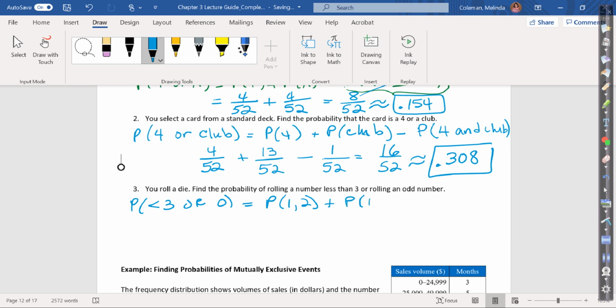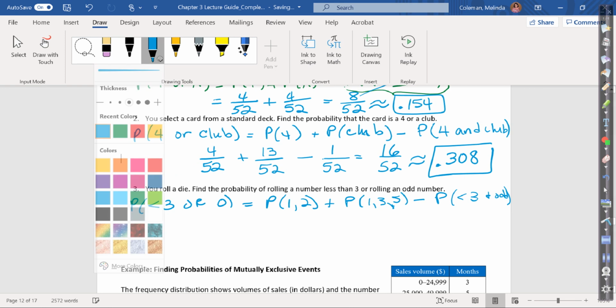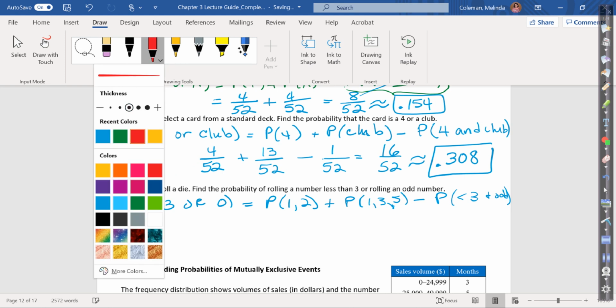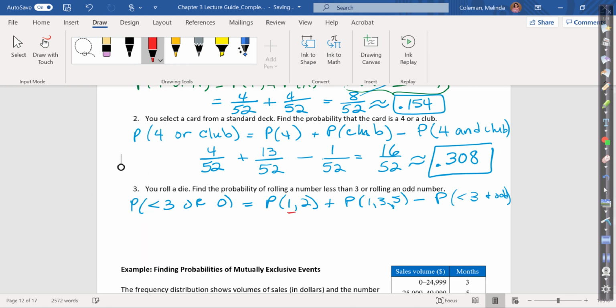Well, an odd number would be the 1, the 3, and the 5 minus the probability of the fact that it's less than 3 and odd, which you might recognize by the way I've written it out this time, that this 1 appears in both lists. So I have to take that one out.